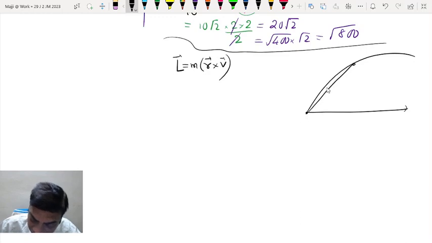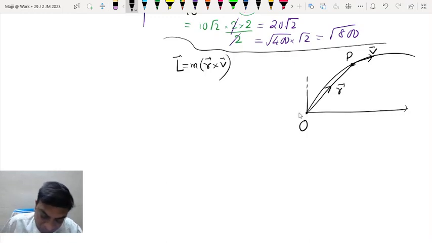So this is vector r, that is the position vector of the particle, and this is vector v. Now vector r and vector v we have to substitute. Remember, the body is under the influence of a constant acceleration, which is the acceleration due to gravity. So we can always use equations of motion here.